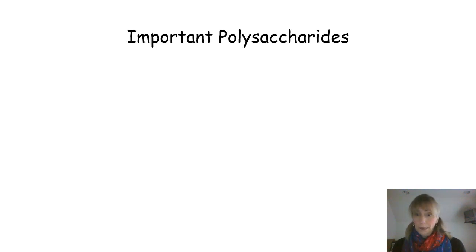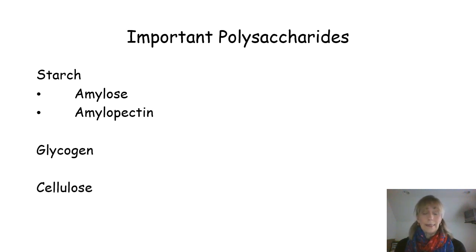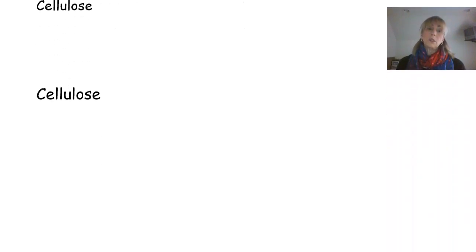The important polysaccharides that we're going to be looking at in this chapter are starch, 2, amylose, and amylopectin, and glycogen. In addition to those, we're also going to look at cellulose. And we're going to begin with our last one.